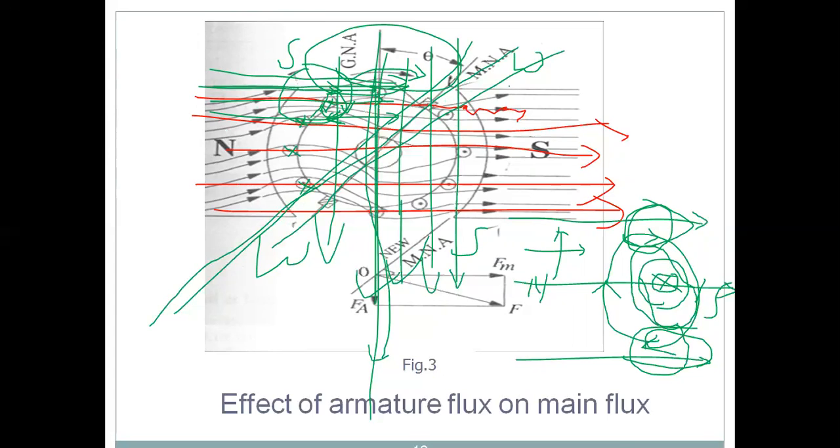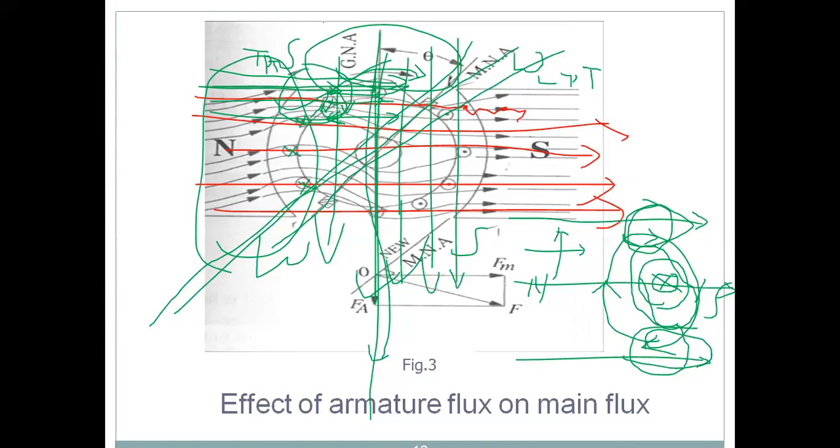During the rotation, this is touching this point first, then this is the leading pole tip. When this is the leading pole tip, this is the trailing pole tip. For this north pole at the TPT, the flux is strengthening.